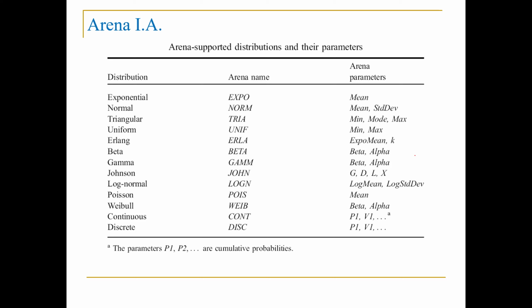It's gonna be based on a ranking, and on some of the metrics that we just discussed. So the exponential, normal, triangular, uniform, Erlang, beta, gamma, Johnson, lognormal, Poisson, Weibull, continuous and discrete distributions are available.